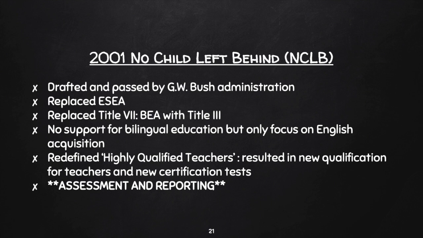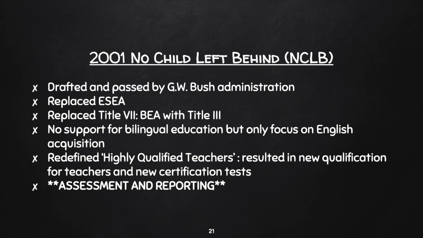One of the biggest things that the No Child Left Behind Act did was introduce this idea of assessment, reporting, and adequate yearly progress, or AYP. This is really when testing in states, federal reporting, federal testing took off. This is when the TAKS test was introduced. Before, I think it was the TAAS test, and then it was the TAKS test, and then the STAAR was also developed under No Child Left Behind.